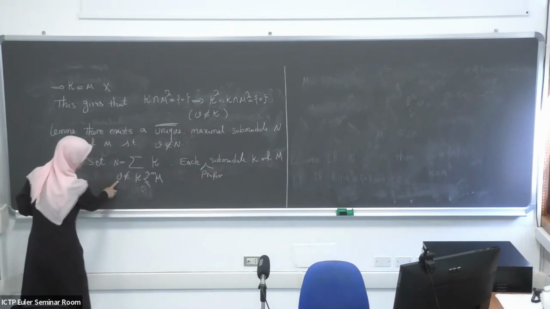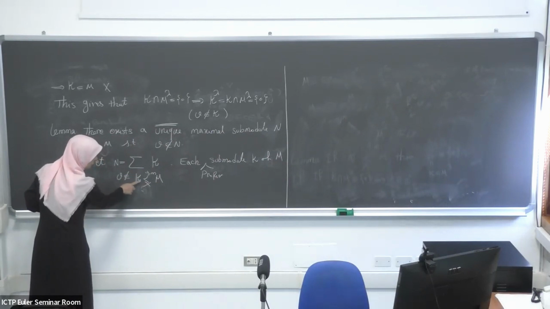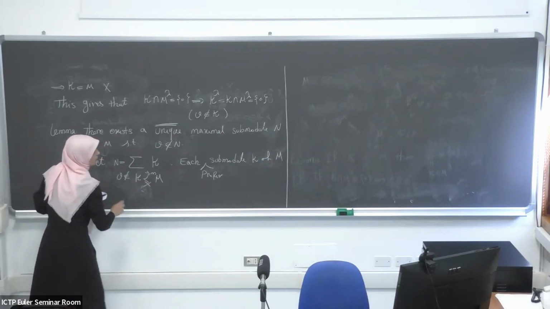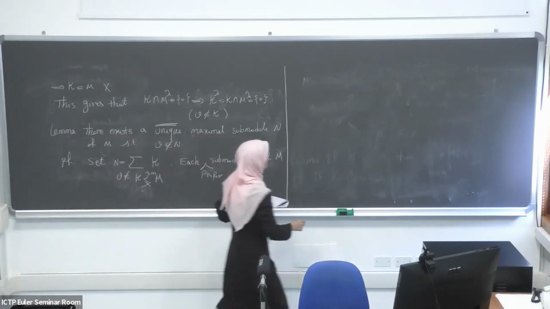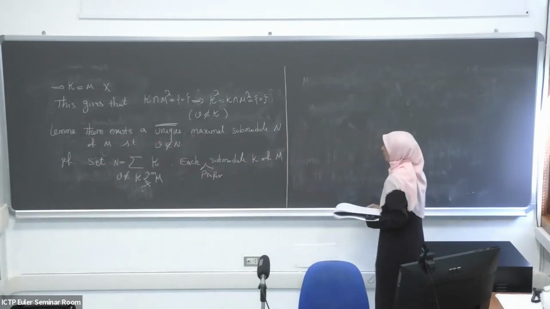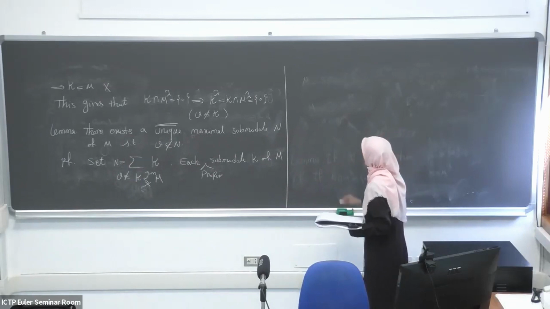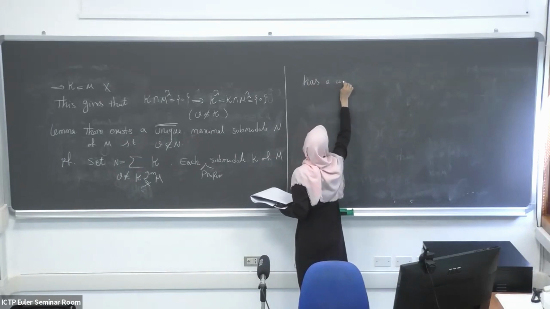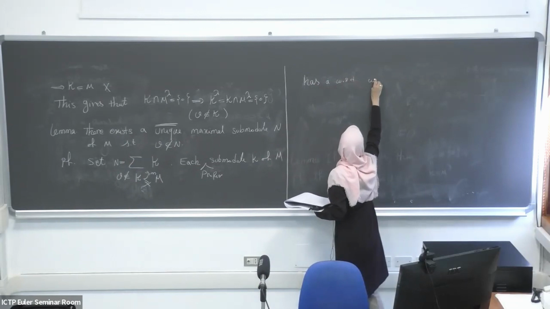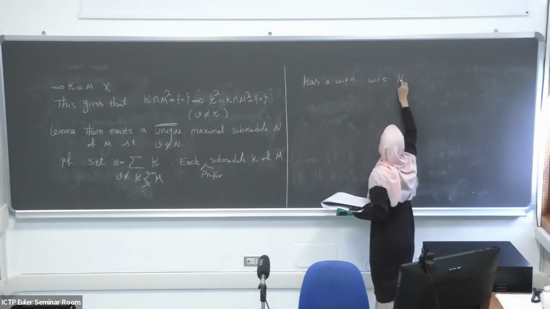It's clear, when V is not an element of K, I can put this here, because V is not an element of K, so K is a proper submodule of M. Each proper submodule K of M has a vector space decomposition with respect to H.